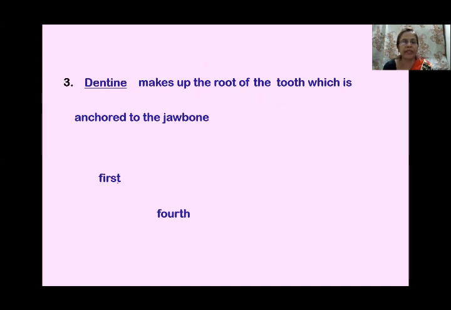But here it states that dentine makes up the root of the tooth which is anchored to the jawbone. So what will be the right answer? It is not dentine. It will be cementum. Cementum makes up the root of the tooth which is anchored to the jawbone.